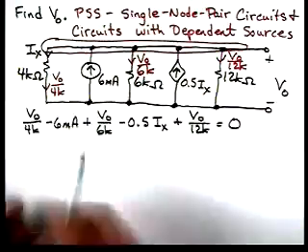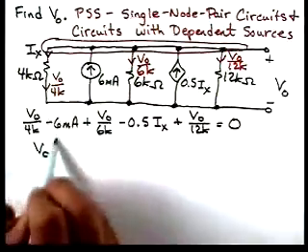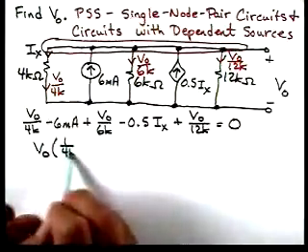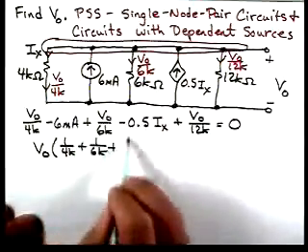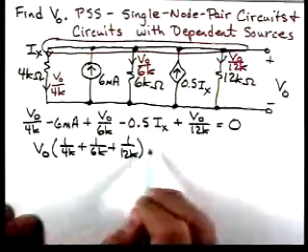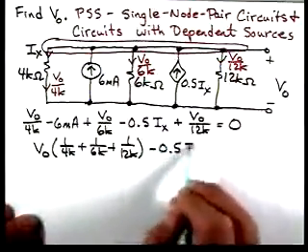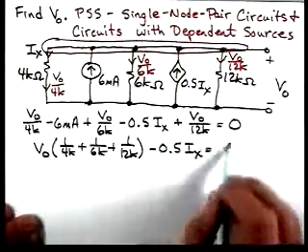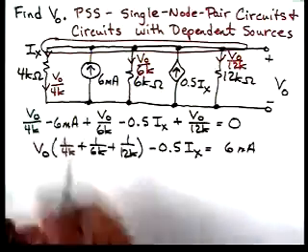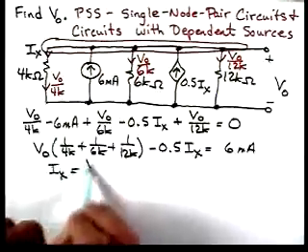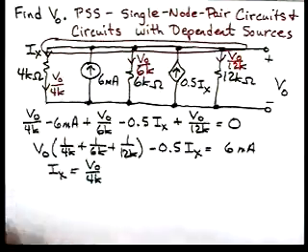Now let's collect terms, simplify a little bit. So we have V0 times 1 over 4K plus 1 over 6K plus 1 over 12K, minus 0.5 Ix, is equal to 6 milliamps. Now if we look at our circuit, we see, for instance, that Ix is equal to V0 over 4K.